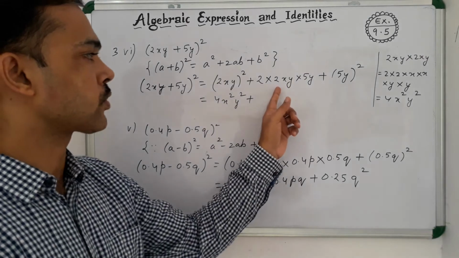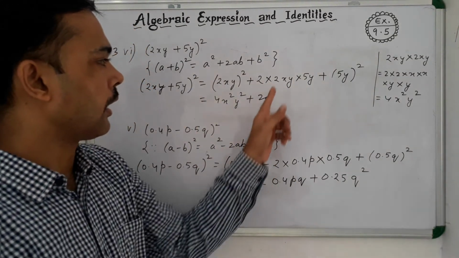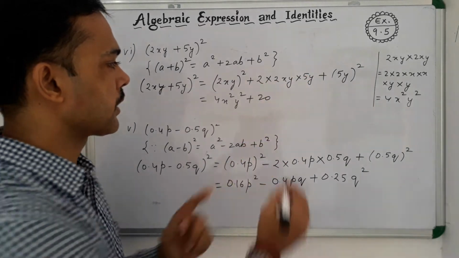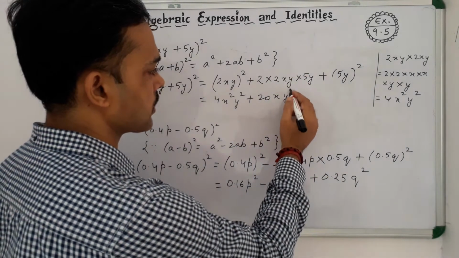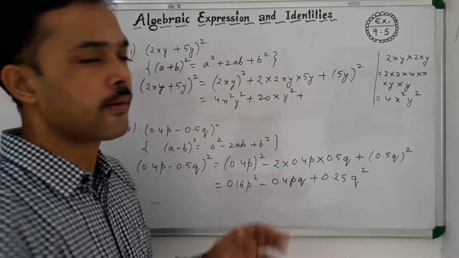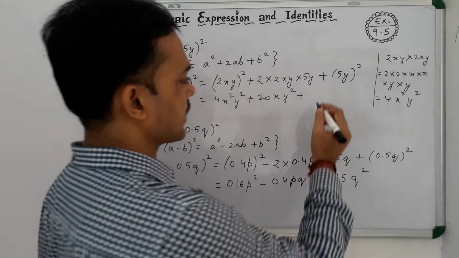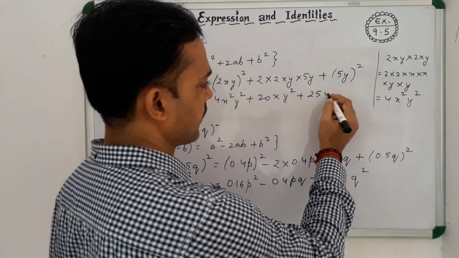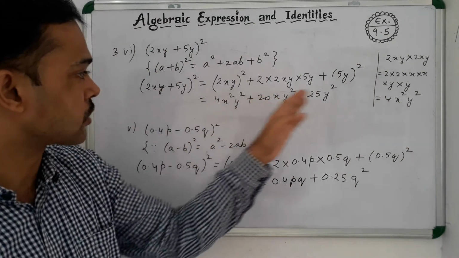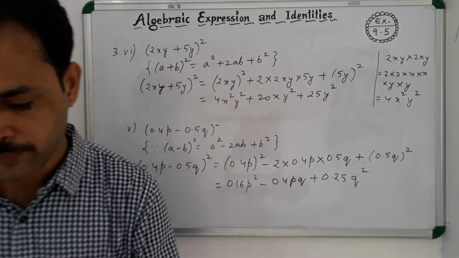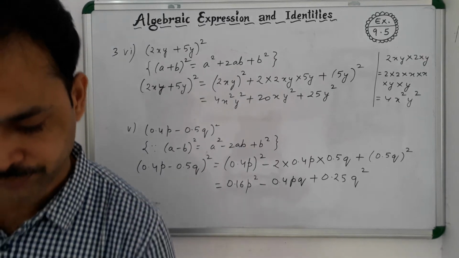Now see, 5 into 2 is 10, 10 into 2 is 20. X is only at one place, so it will be x. Y into y will be y square, plus (5y) whole square means 5y into 5y. That is why 5 into 5 is 25 and y into y is y square. And since there is no like term over here, that is why this is your answer.